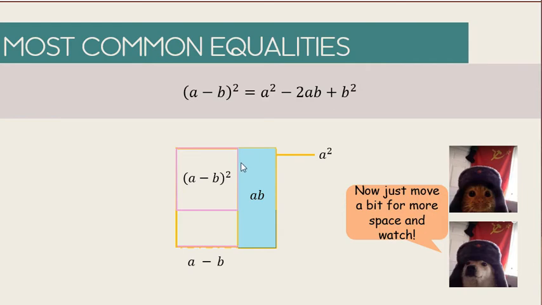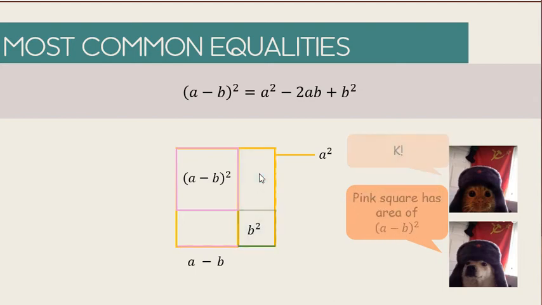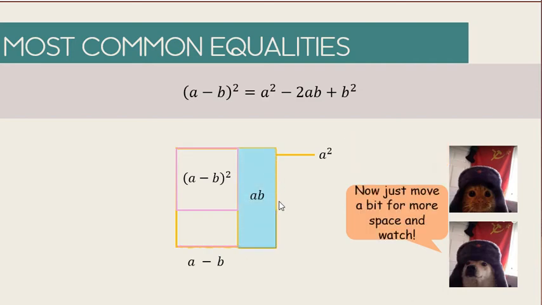Okay. Now we have this rectangle here, which is interesting. You know that, come back a bit. The width of this rectangle is B. Can you see that? The width of this rectangle is B, and the length of the rectangle is A. Here is A. So the area of this is equal to A times B. Can you follow that?